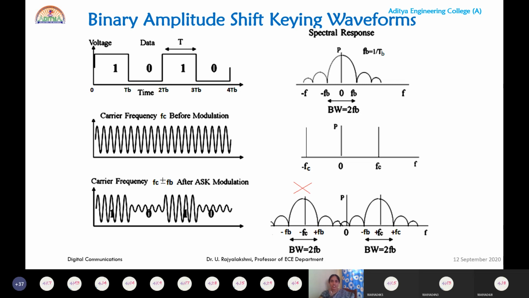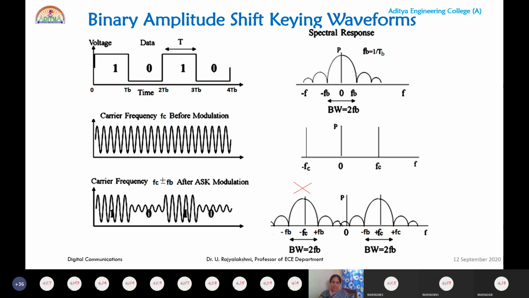So in the frequency response you need to apply convolution. Multiplication in the time domain can be replaced with convolution in the frequency domain. Convolution of these two signals gives you three spectral responses, on the positive real frequencies as well as on the negative real frequencies.